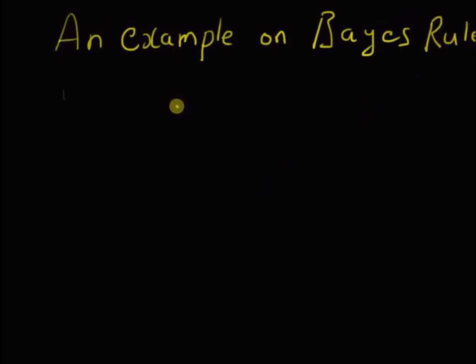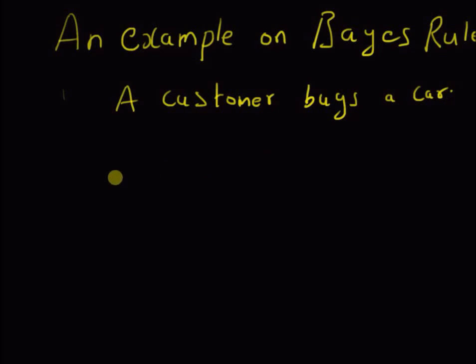Consider the following problem. A customer goes to a car store and buys a car. And we are given the following prior probabilities, that is, this car is made in one of the following 4 plants with the following prior probabilities: plant number and prior probability corresponding to each of the plants.